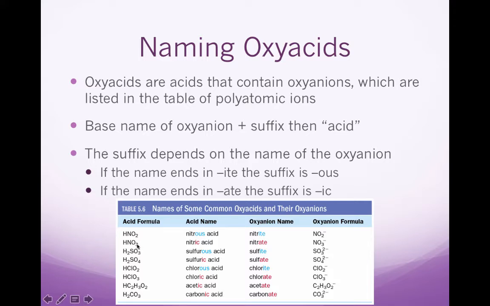So we change the "ate" to "ic," we get nitric acid. Here we have sulfurous acid, sulfuric acid, chlorous acid, chloric acid, acetic acid, carbonic acid. So again, you look at the name of the oxyanion. If the name ends in "ite," then we change the suffix to us. If the name ends in "ate," we change the suffix to "ic."